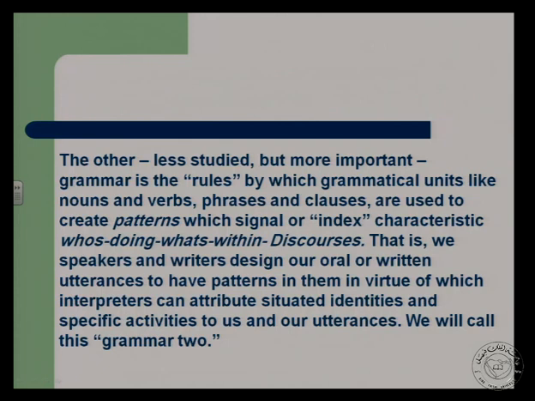This is what we mean by grammar 2: the rules I applied in order to apply the grammar I learned at school. So the way I say the same thing might differ from one situation to another, and you will judge me to be two persons, though the person who says these two sentences is indeed the same.